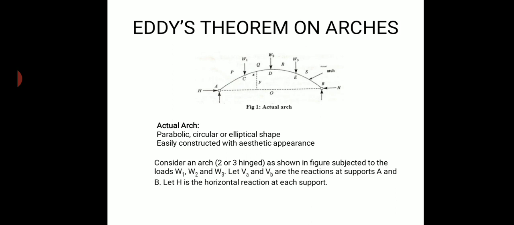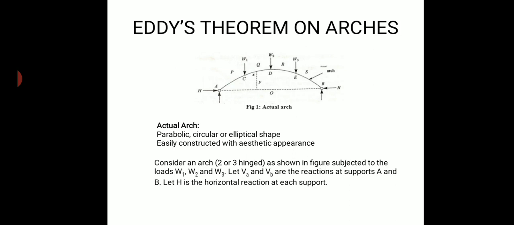So I repeat it. An actual arch is an arch which is either parabolic, elliptical or circular in shape, and it can be easily constructed with an aesthetic appearance. Now I am considering an arch shown in the pictorial representation, whether two or three hinged, with a set of concentrated loads W1, W2 and W3.